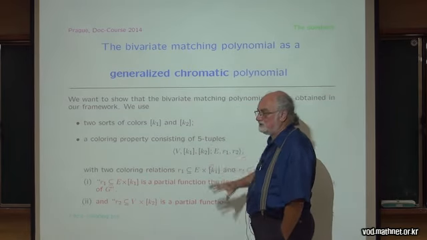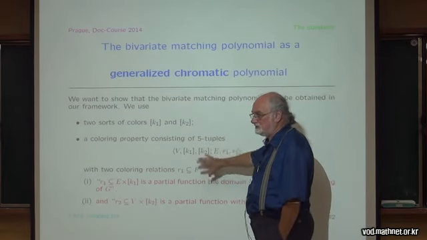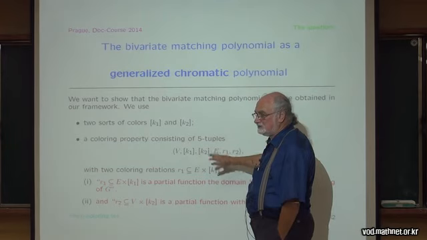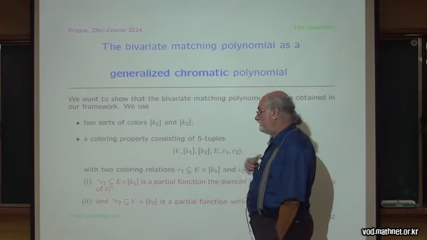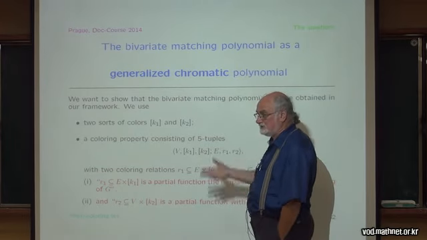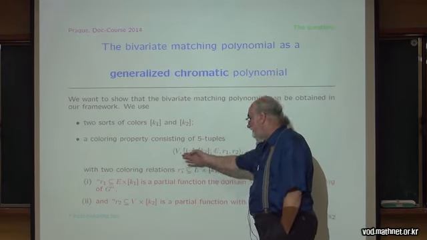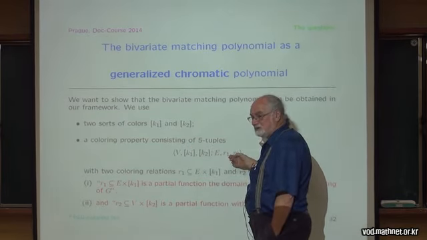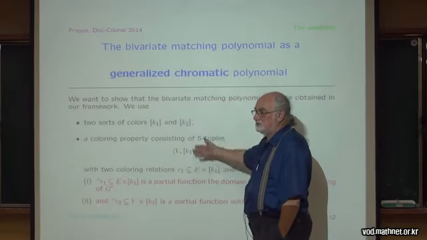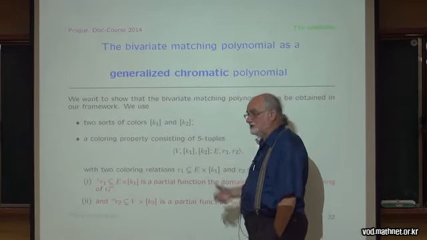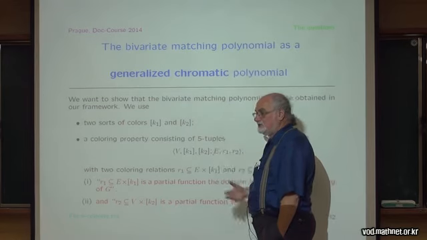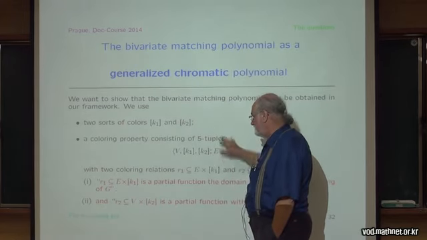But he didn't know about graph polynomials. So when I told him I'm studying graph polynomials and I gave him a definition of the matching polynomial, he immediately saw that he can write the matching polynomial like this, and therefore the matching polynomial is, in our sense, a generalized chromatic polynomial. And this proof is generic.